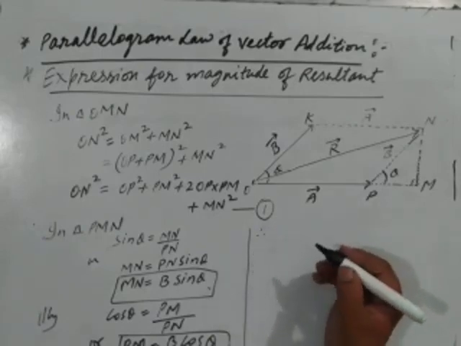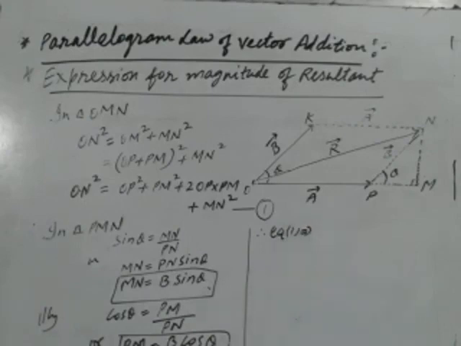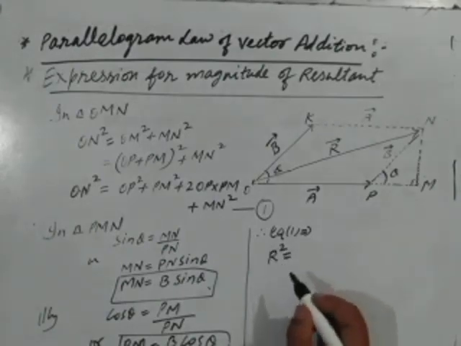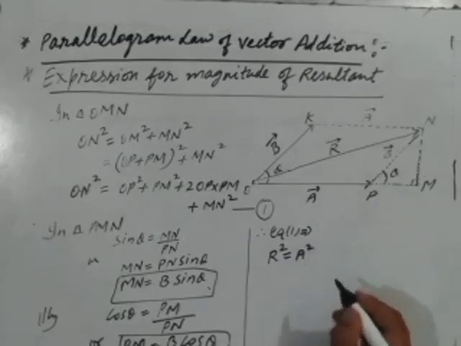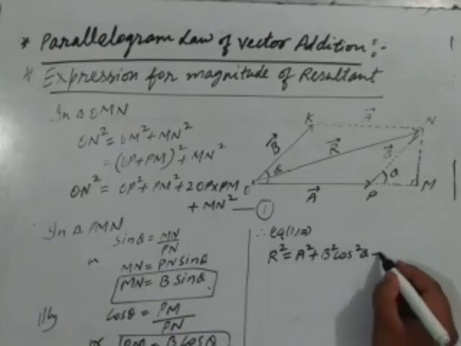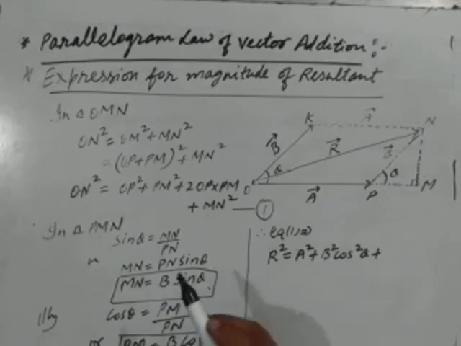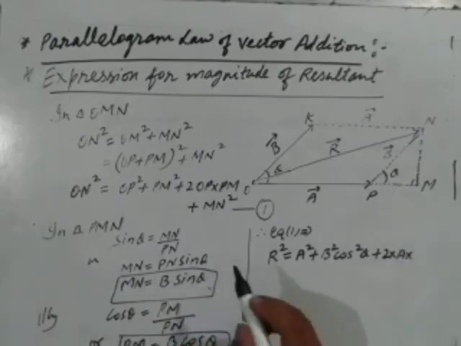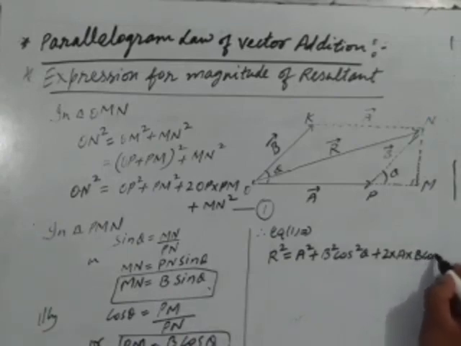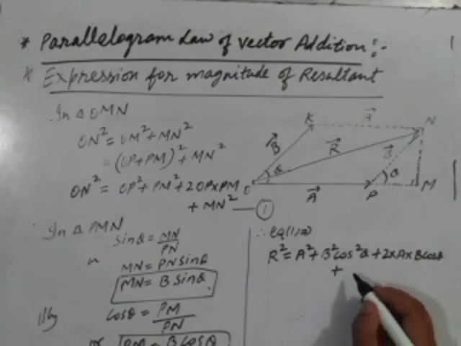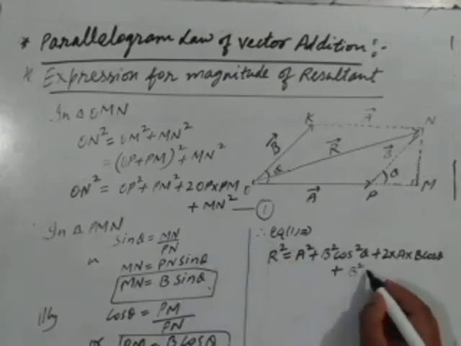So we will put these two results in the above equation number 1. Therefore, equation 1 becomes ON equal to R, this becomes R square equal to OP, that is equivalent to A, so this is A square plus PM equal to B cos theta, and we have to square it, so this becomes B square cos square theta plus 2 into OP, that means A into PM equal to B cos theta, plus MN square, so B square sine square theta.